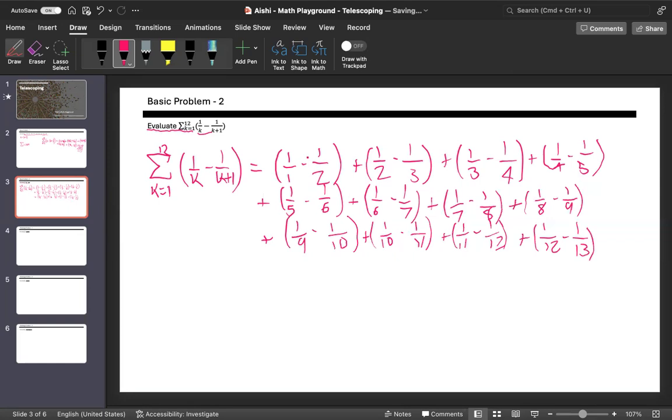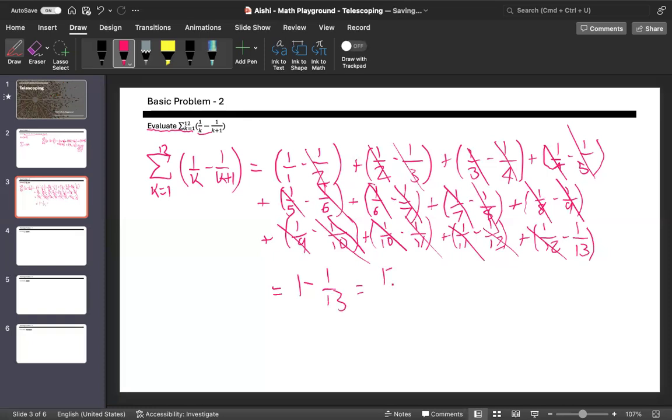Okay, so we're negative 1 by 2, positive 1 by 2, so on and so forth. This is a pretty long survival game. Those cross out, and we're left with 1 minus 1 by 13, which is equal to 12 by 13.